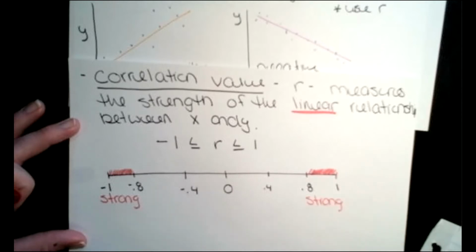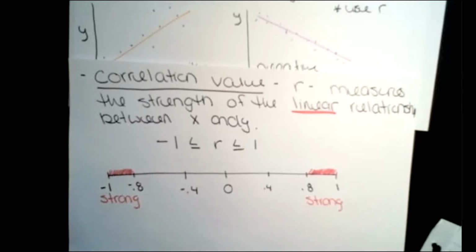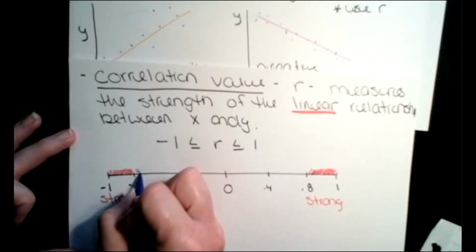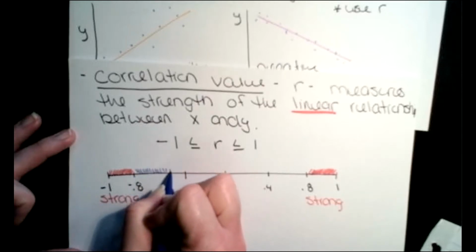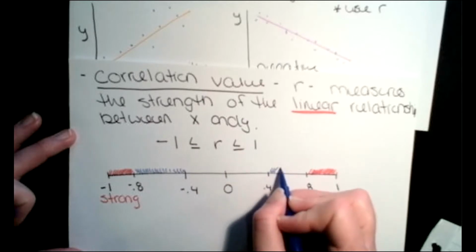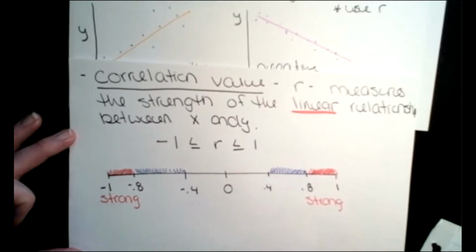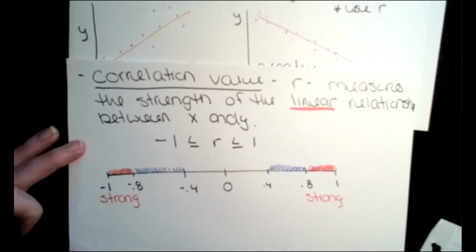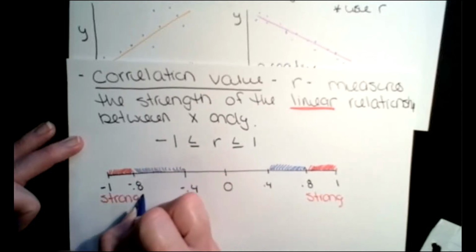Now, the sign, negative versus positive, tells me the direction of the slope of my line. So negative direction or a positive direction, okay? Then we have anything in between -0.8 to -0.4 or 0.4 to 0.8. This is what we call a moderate strength.